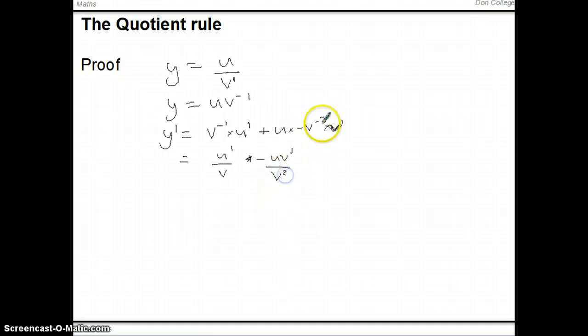It goes from a negative to a positive power down there. And I can't quite subtract those just yet, but I almost can. If I multiply top and bottom by v, I get v squared, so I can then just subtract that, and that gives me v u dash minus u v dash over v squared, which is the quotient rule.